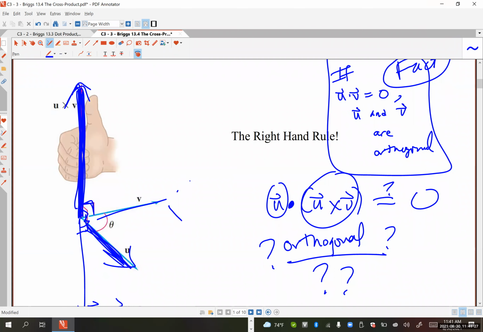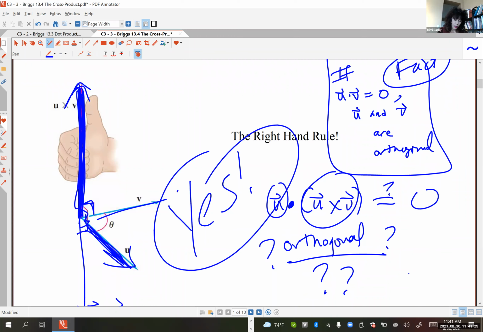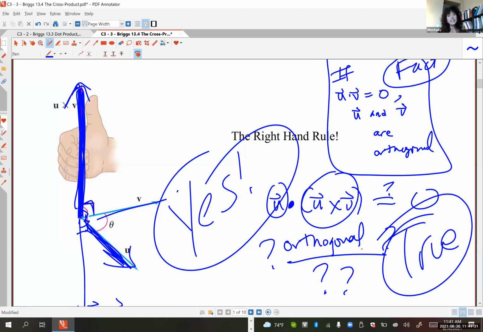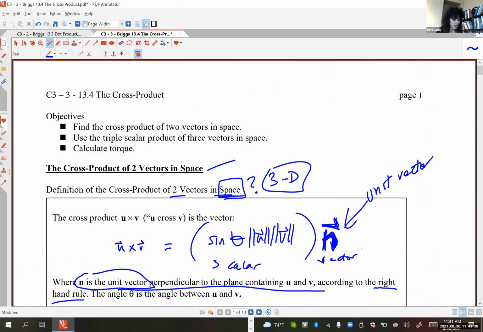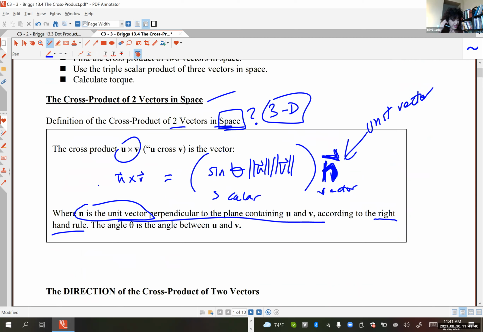Yes. So true, by definition of what it means to be a cross product. If you look even back at the original definition here, this U cross V is going to be a vector that's perpendicular to the plane containing U and V, and by default to those vectors U and V.